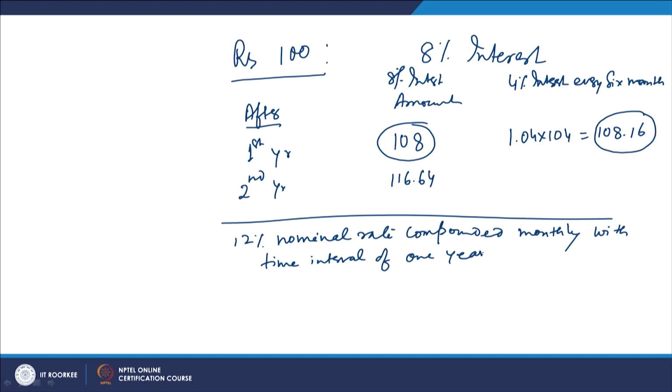Now, suppose you have to find the effective interest rate in a year, and the nominal interest rate is 12% compounded monthly.